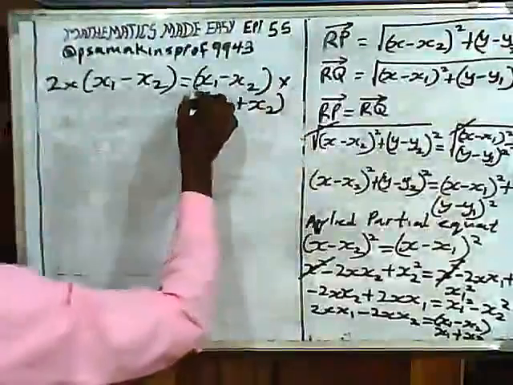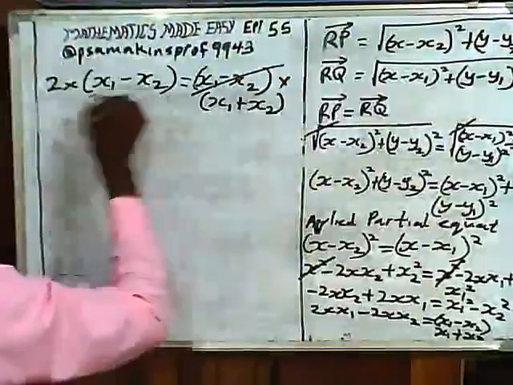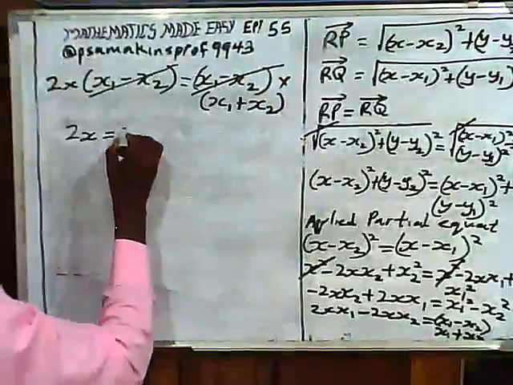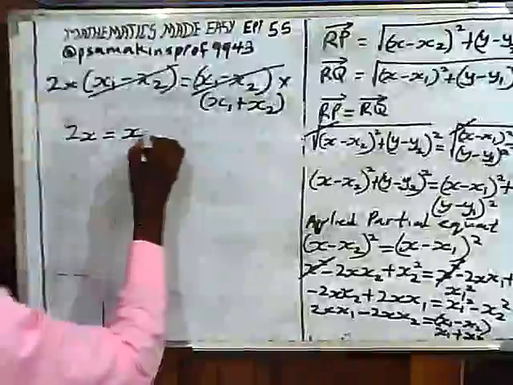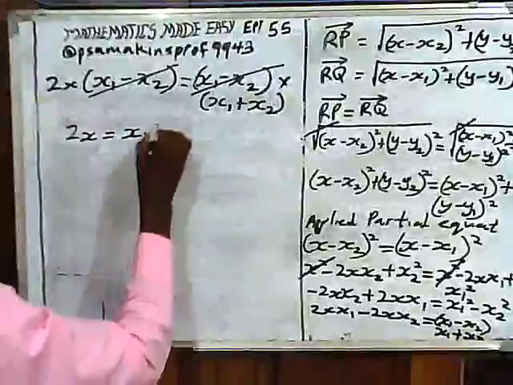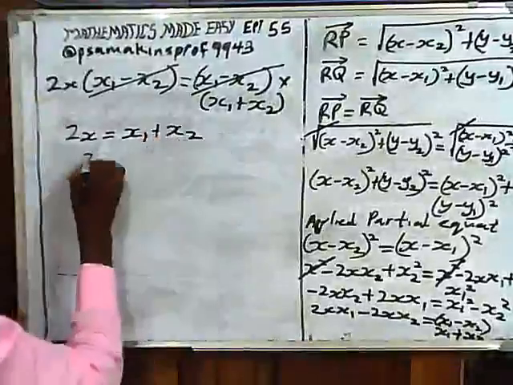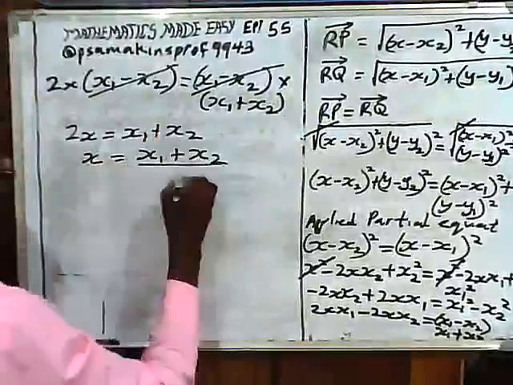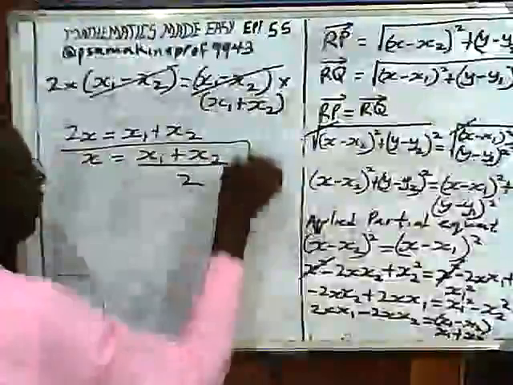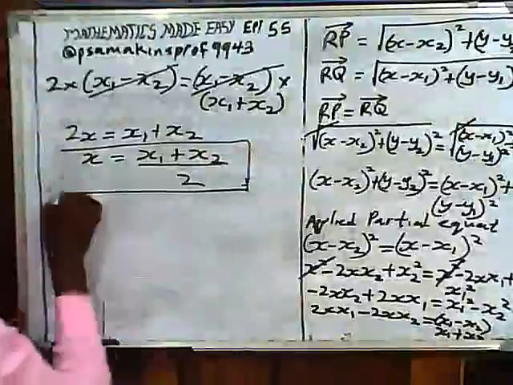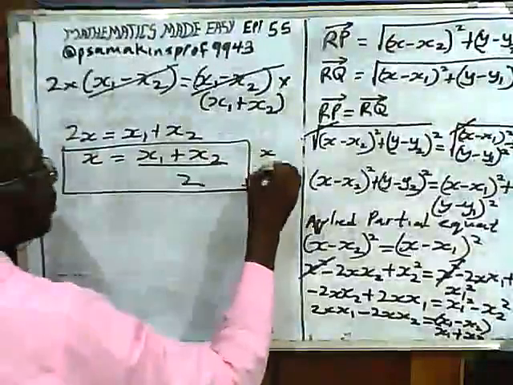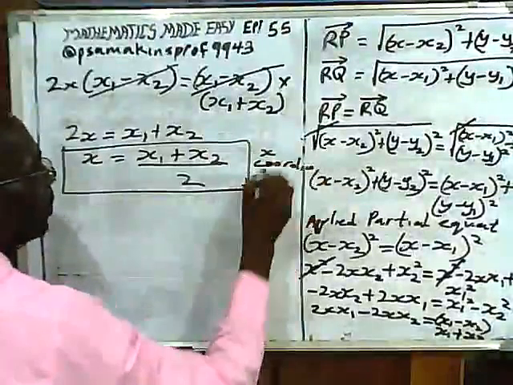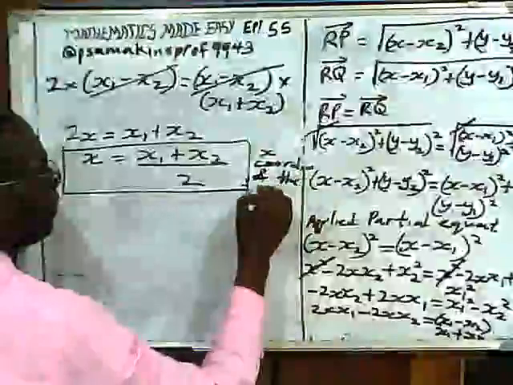So with that, we can cancel out this. Then we have 2x equals x1 plus x2. Then we can say that x equals x1 plus x2 divided by 2. That is the x coordinate of the midpoint.